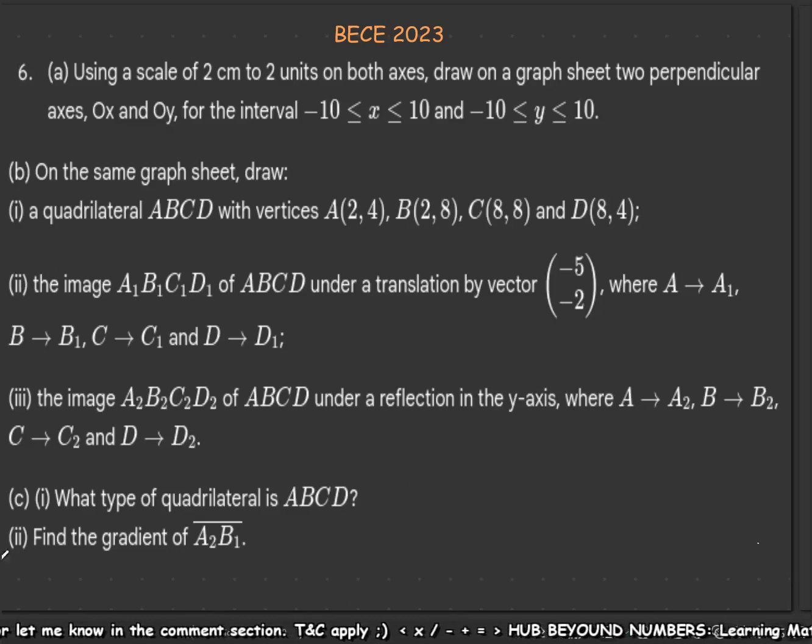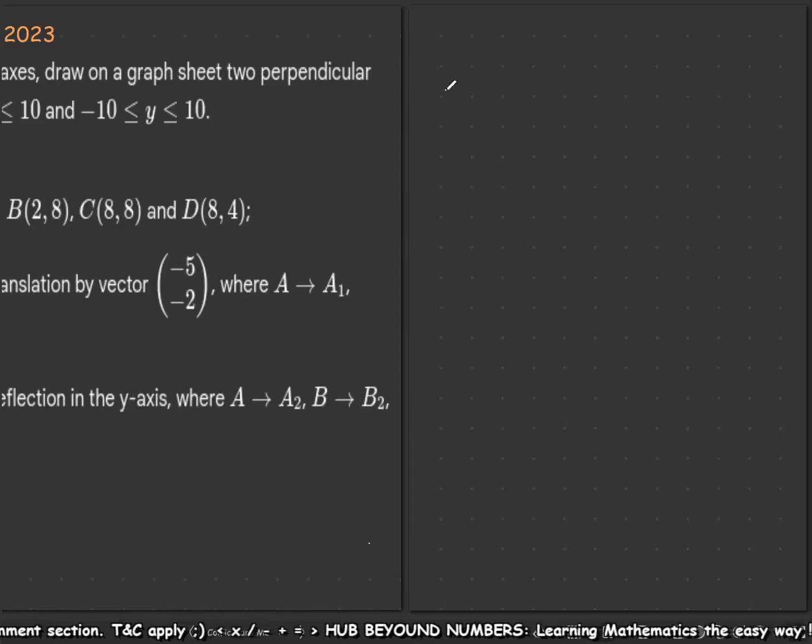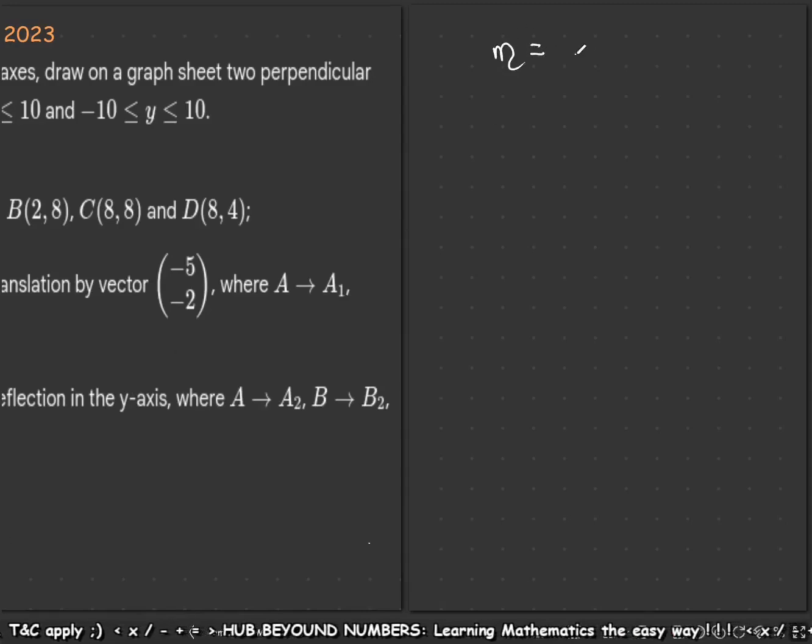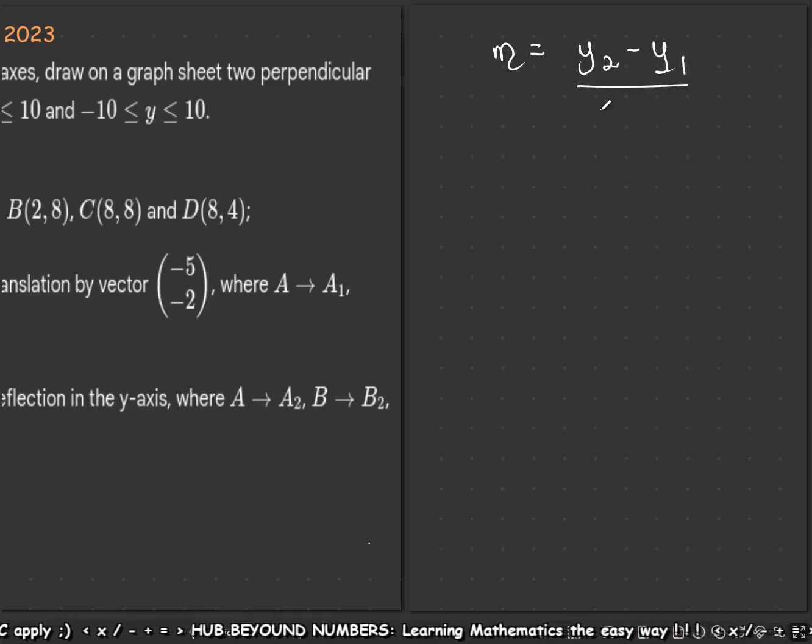Now this is one of the most important parts, which is you have to find the gradient of the line A2B1. Now, we have to take note of the following. The gradient of a line, that is M, is given by y2 minus y1 all over x2 minus x1.